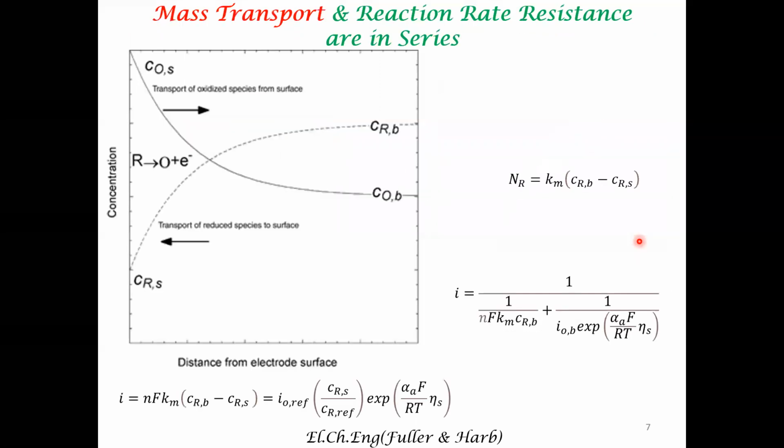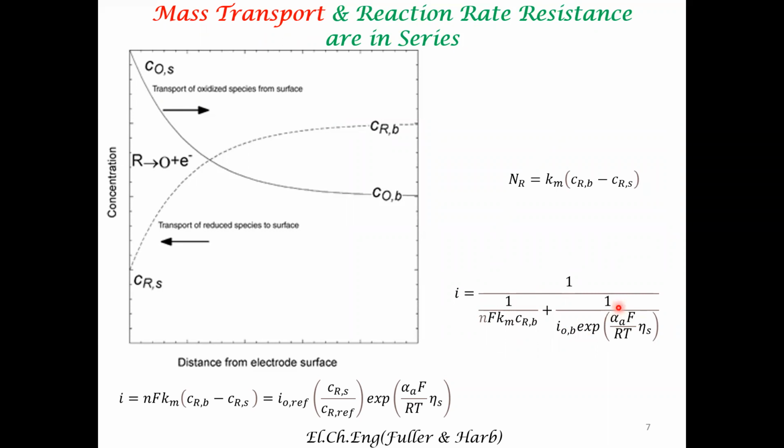Let me backtrack a minute. I had said 1 by R, but that's not the right thing. These two resistances add in series, right? So it is R total, the total resistance, equal to the mass transfer resistance plus the resistance for electrochemical kinetics.